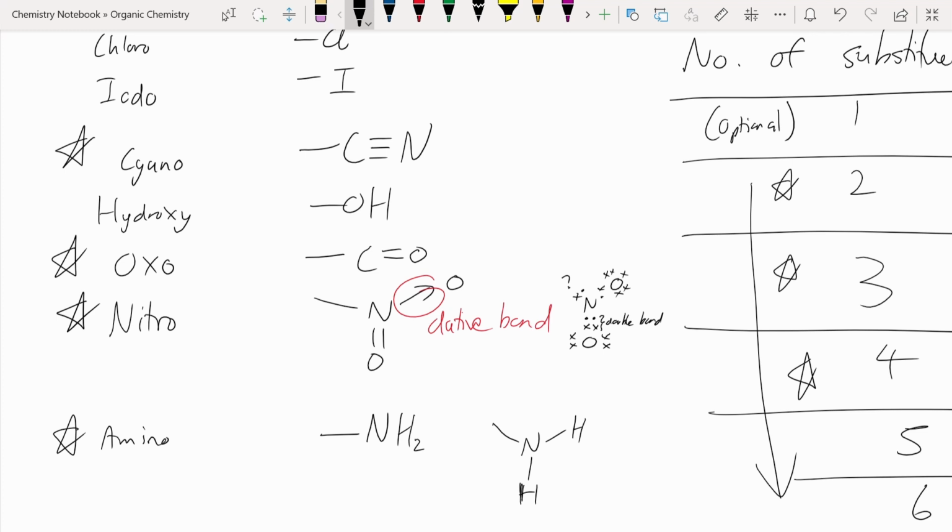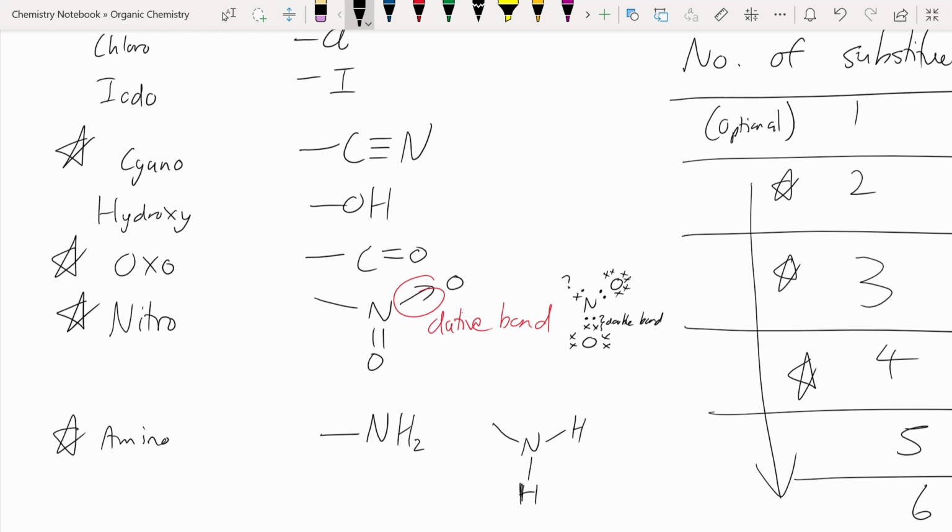So the dative bond, okay, to visualize, it must be in a sense that nitrogen would donate a lone pair of electrons to the vacant energetically accessible orbital of the oxygen atom.